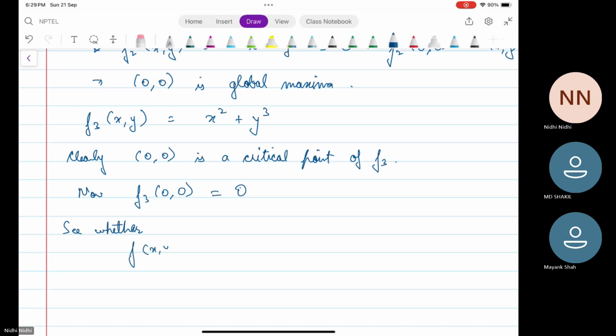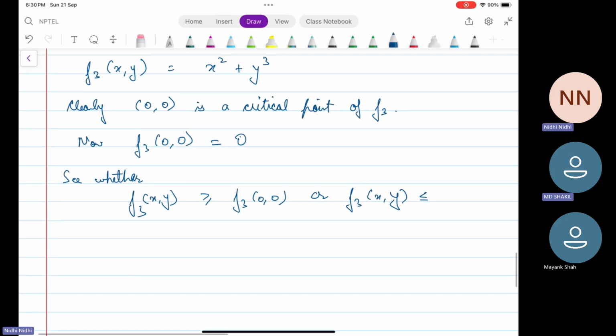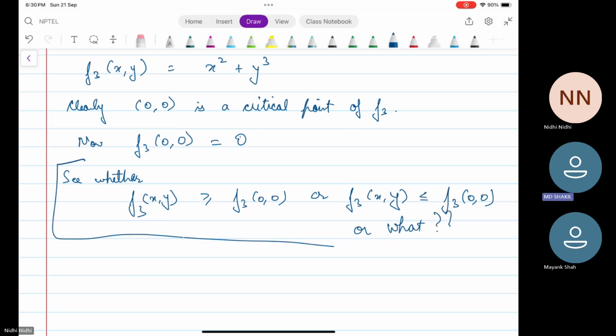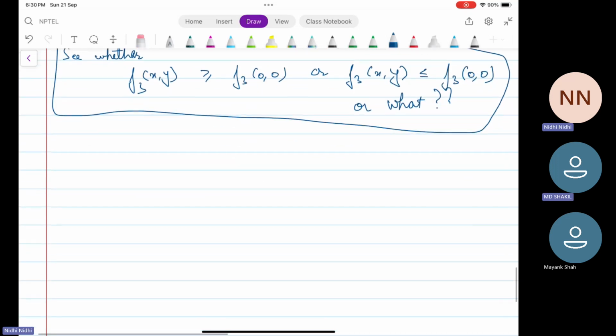So you'll have to show how this is greater than f3(0, 0), or if we go through the y-axis, that means 0 and y, f(0, y) will be y cube.